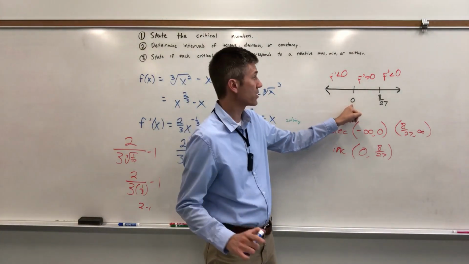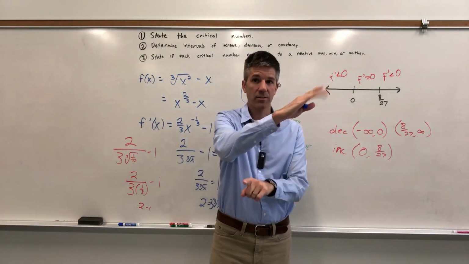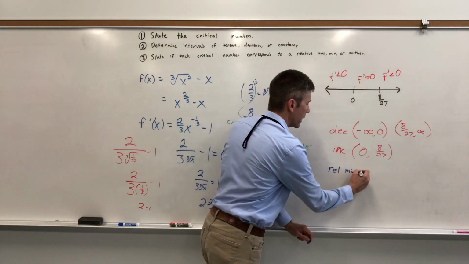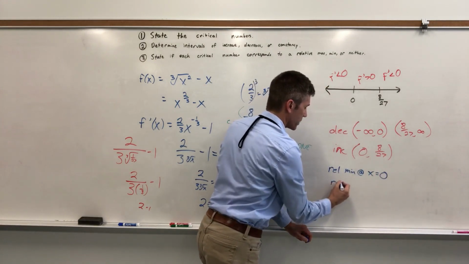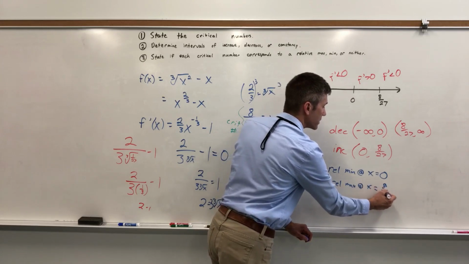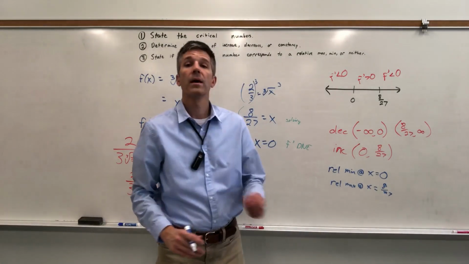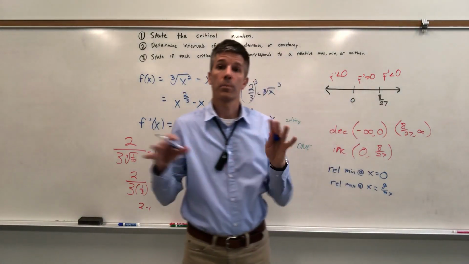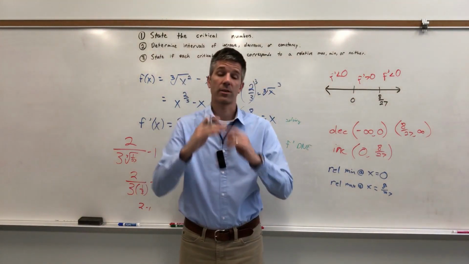That means the function was decreasing, then increasing. That had to be a minimum down there. So we have a relative minimum at x equals 0, and we're going to have a relative maximum at x equals 8 over 27. And here's the reason: the derivative transitioned from positive to negative. Putting it another way, the function transitioned from increasing to decreasing.